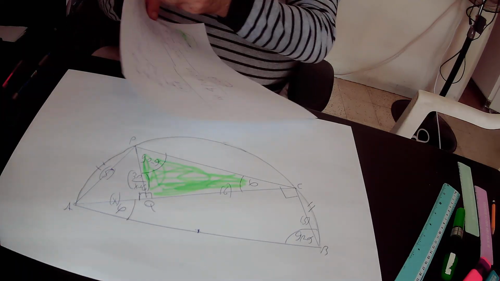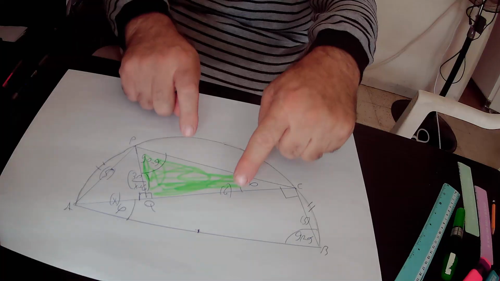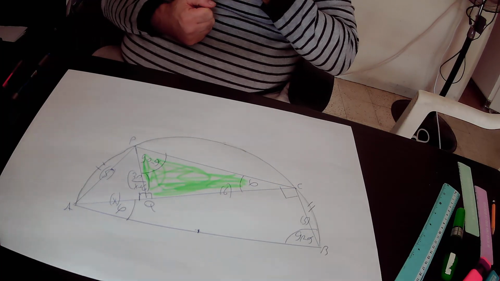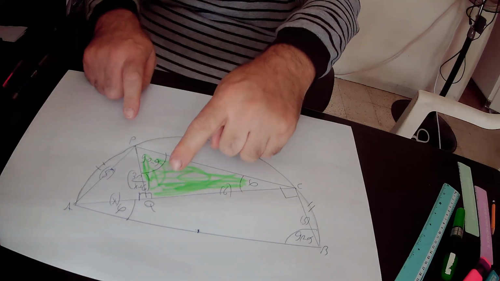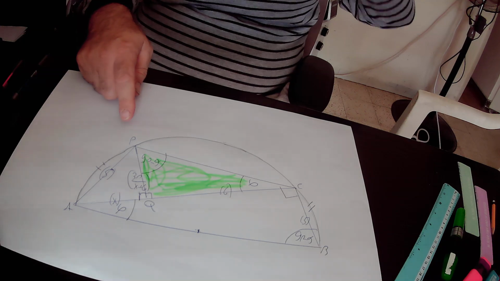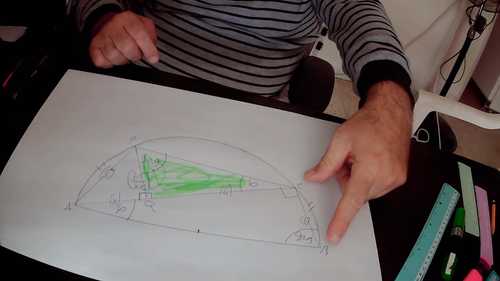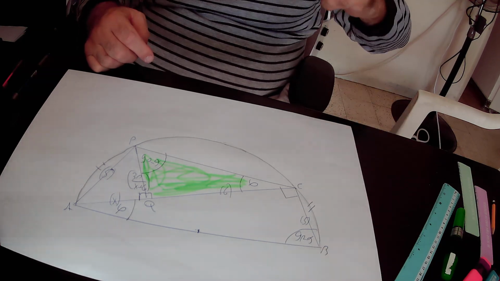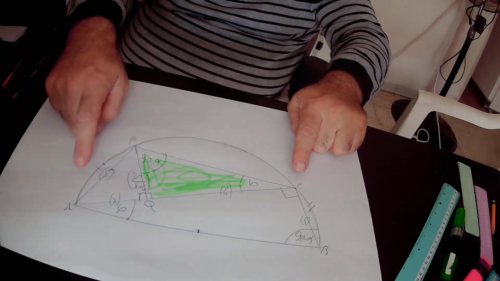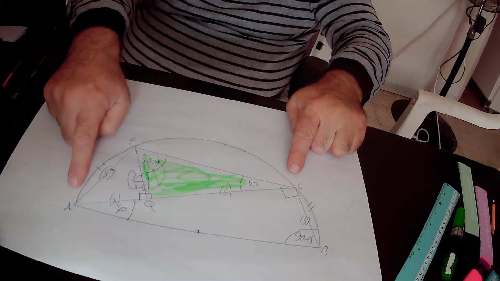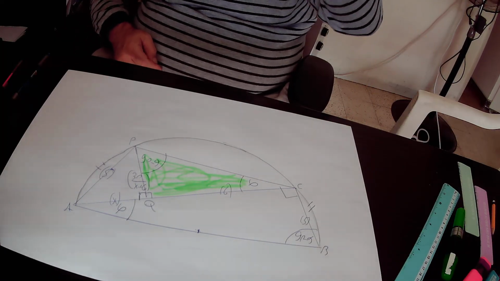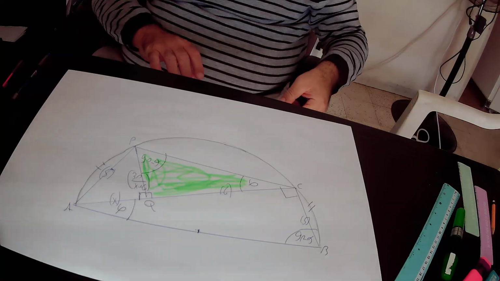From the fact that those two right triangles are similar to each other, we will derive the following relationship between their sides.